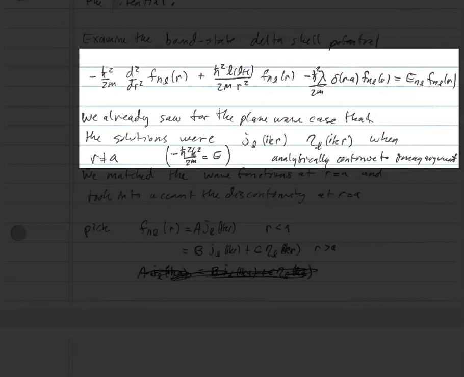So in that case, the arguments of the spherical Bessel functions were given by kr. Here, because the energy is actually minus h bar squared k squared over 2m, I have to let k go to ik in the argument of those Bessel functions, which is why we have that j_l(ikr) and eta_l(ikr). We can think of that as just analytically continuing our solutions to imaginary arguments.